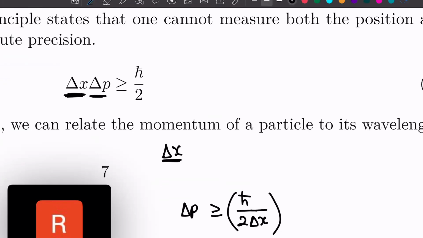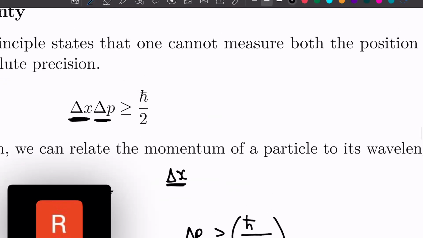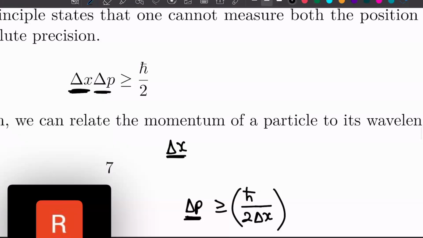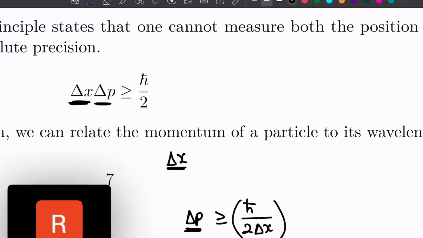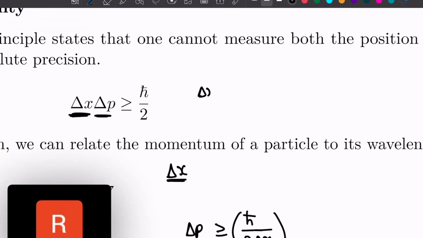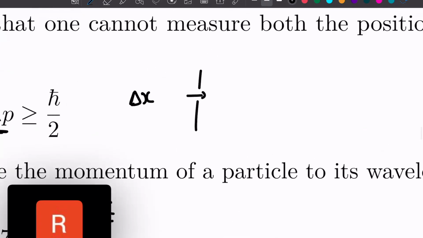And also another thing is, for some reason, sometimes when you find delta P, you might need to assume that this is your minimum momentum. So let's say we have a question with some delta X, a particle emits out, then they say, find the minimum momentum.